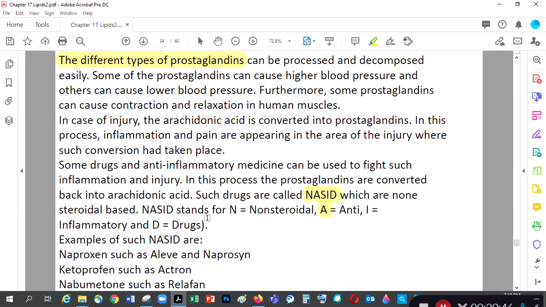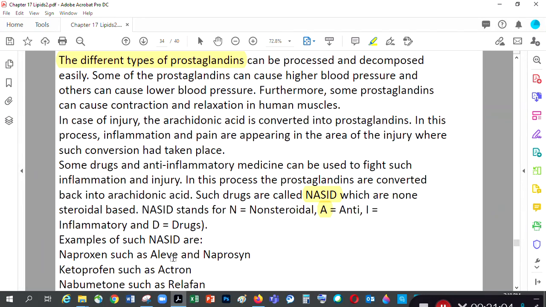These drugs, NSAIDs, are used to relieve the body from any pain or injury. And those are an example of these NSAID drugs.